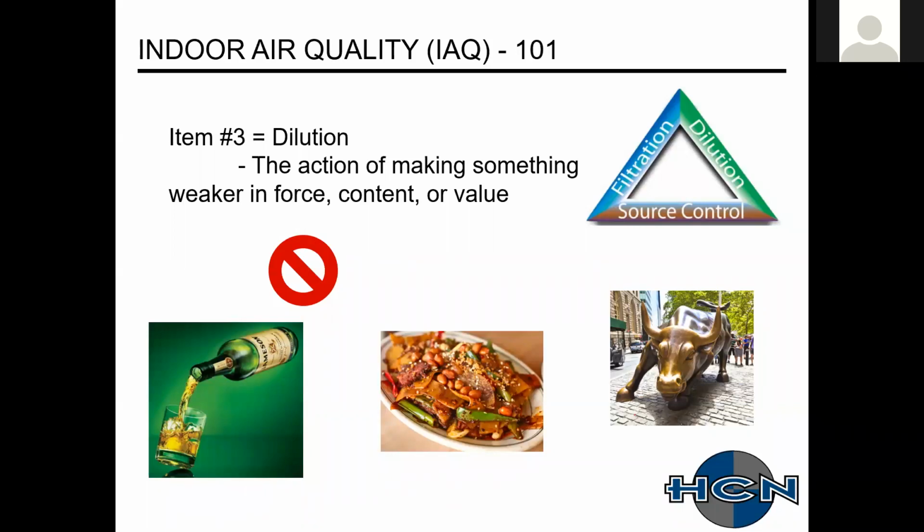And then just can't help myself to be cheeky, but some bad examples of dilution obviously would be an alcoholic drink where they water it down. A pet peeve is when you go to a mall and you want to get some Chinese food. You see the picture above that has a big serving of the good stuff on there, and then when you get it delivered to you, it's all rice and you have a little dollop of the stuff that you wanted to order.